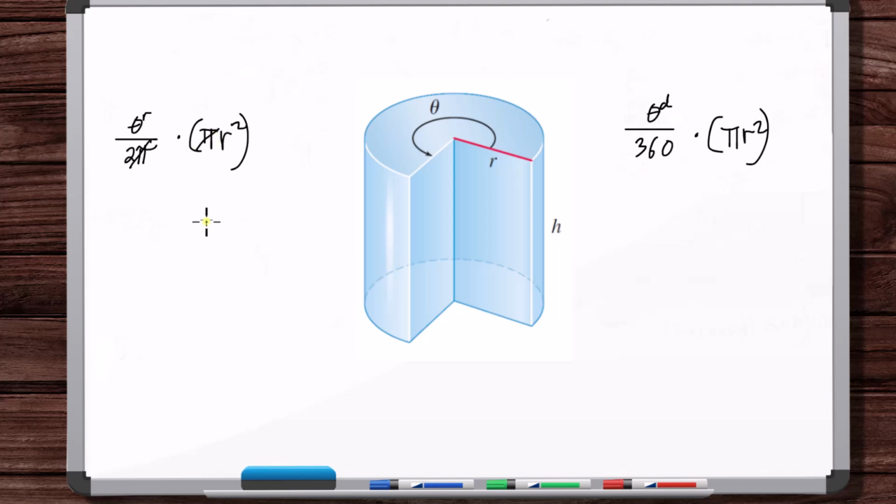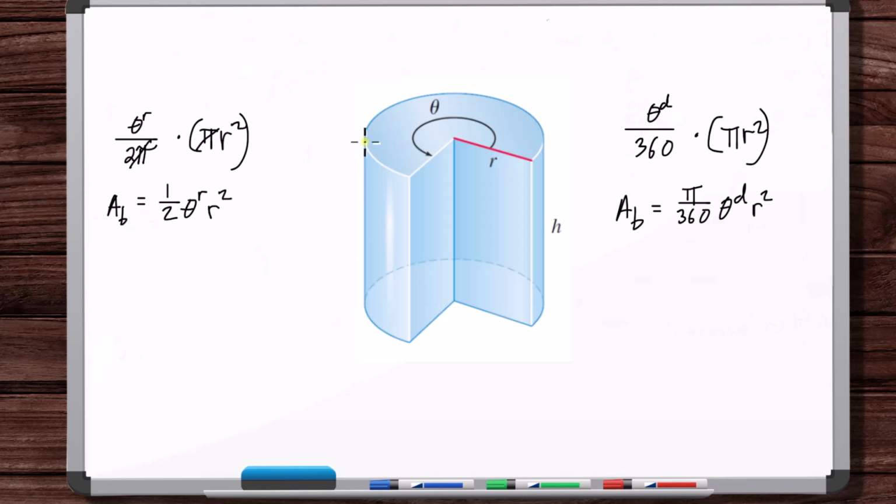There's no canceling. So what we're left with is that the area of the base in radians is 1/2 theta in radians r squared. With degrees, the area of the base is pi over 360 theta in degrees r squared. So you can see this formula is a little bit cleaner.